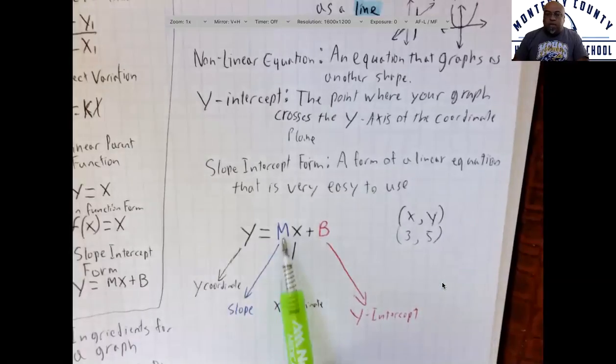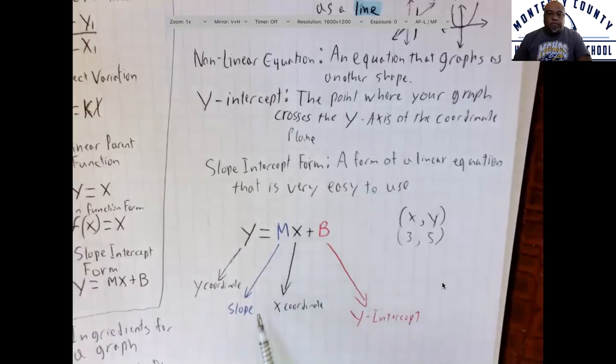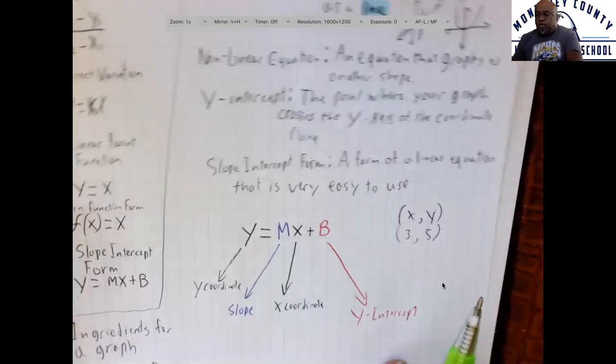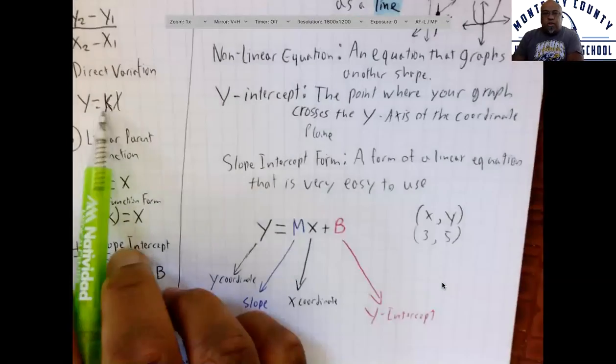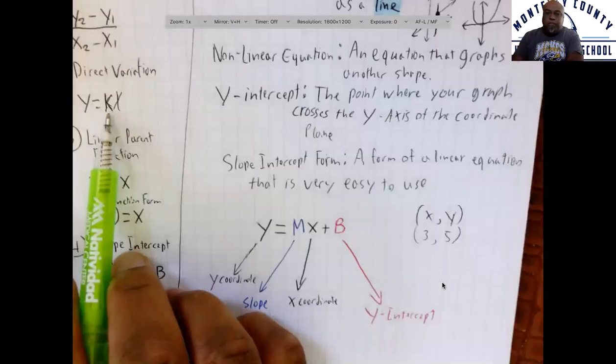Now m, remember I told you in the last lesson, or 2 lessons ago, is the nickname for slope, okay? So we call it m when it's in the slope-intercept form. Sometimes you may call it other things, like technically, if you put it into direct variation, it would be k.